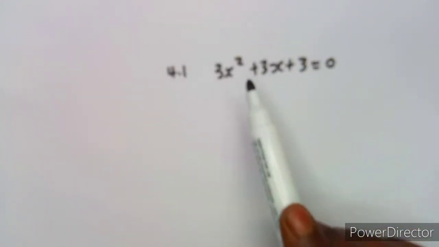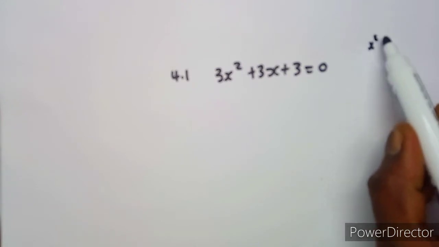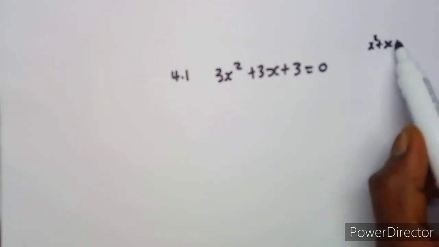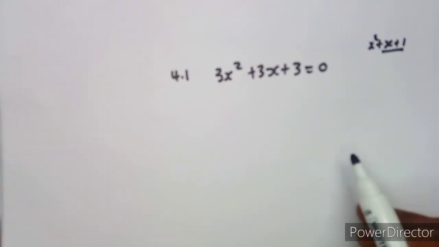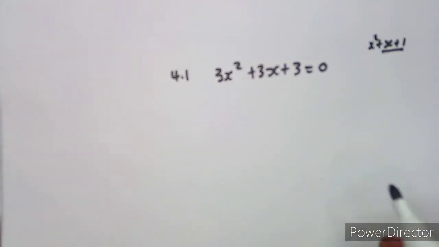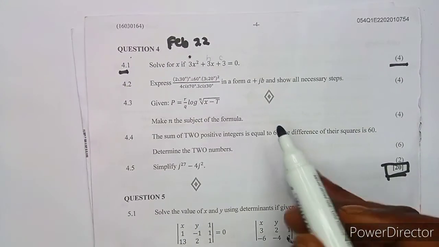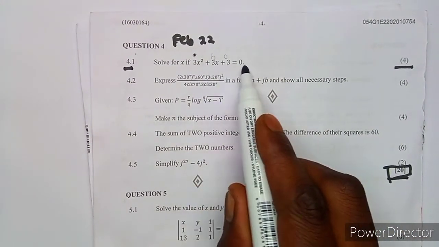Yes, we can factor out 3, but you will see that whatever you are going to remain with, you won't be able to factorize this. It's not possible.